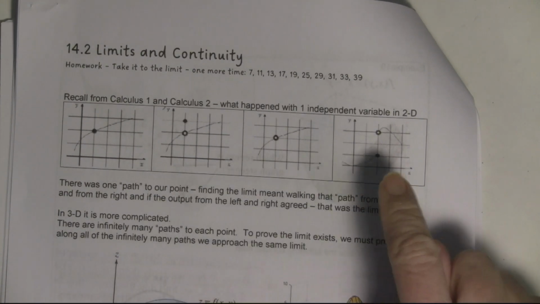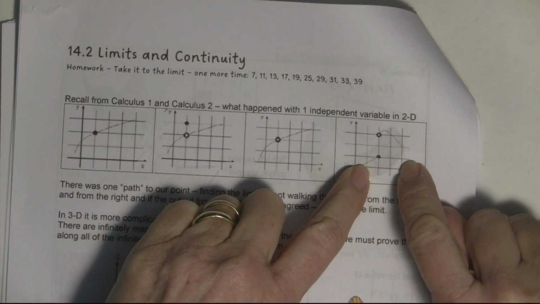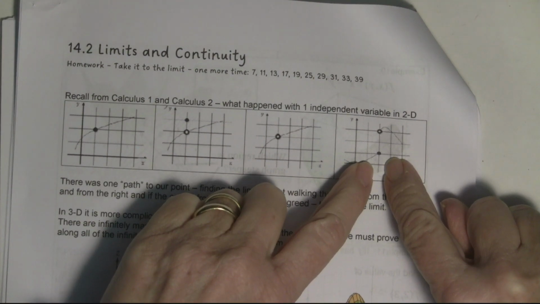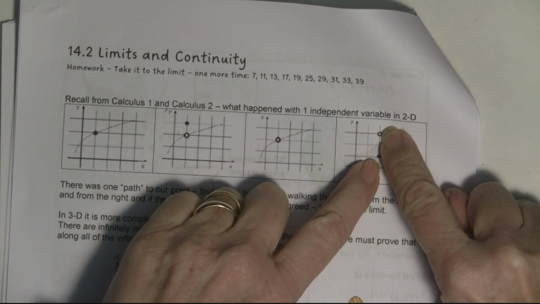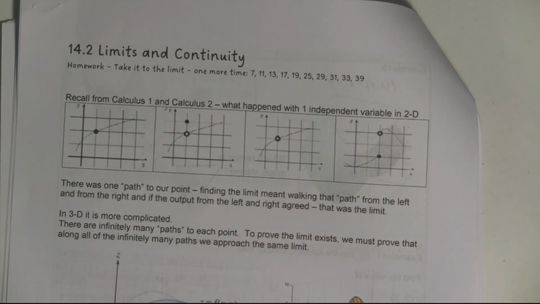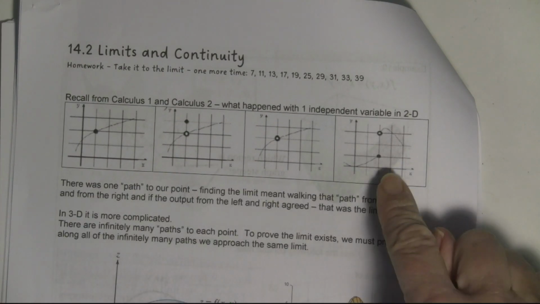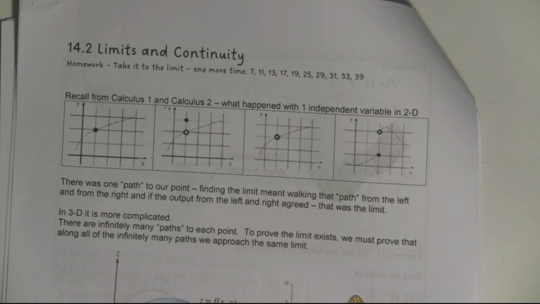So as I'm going along this one path, this path right here on the x-axis, my heights are approaching different values. There was just one path to our point, x is 2, and it was to go along the x-axis. Finding the limit meant walking that path from the left and from the right. And if our output from the left and our right agreed, then it was our limit.